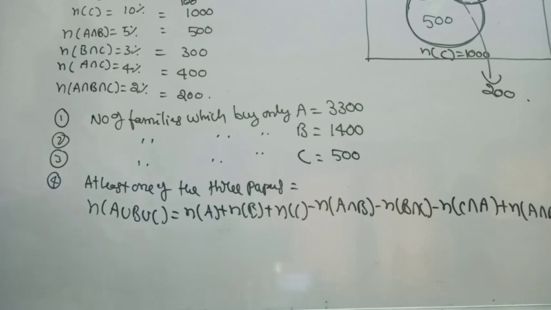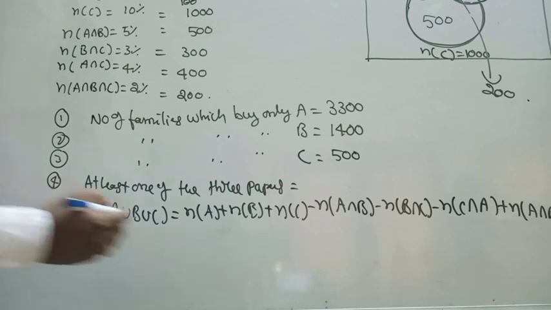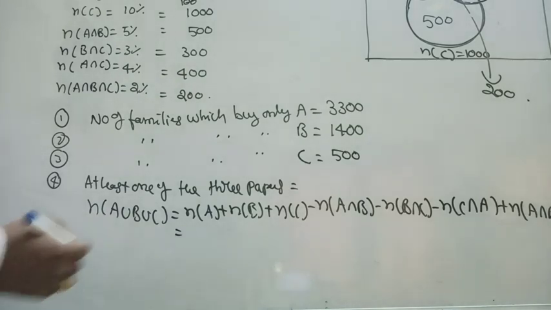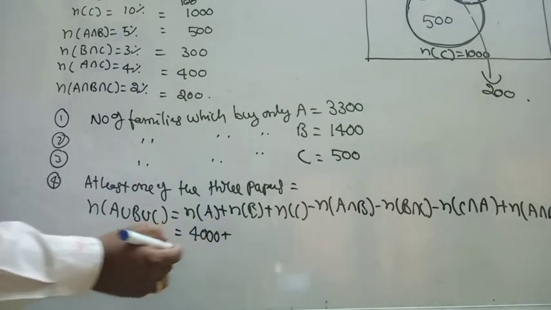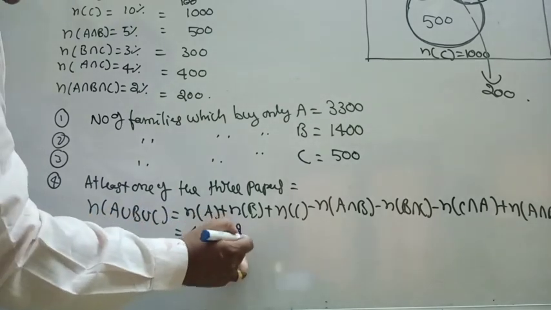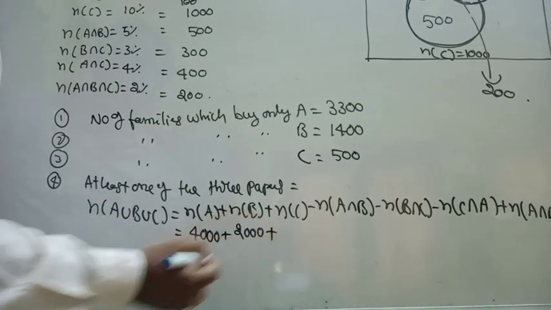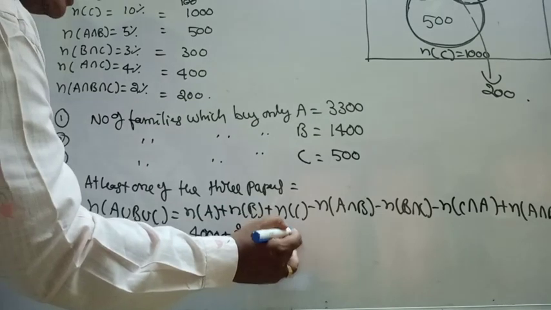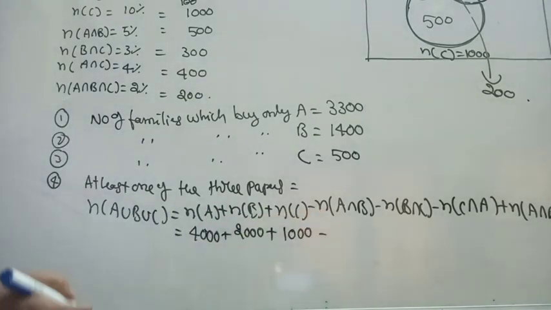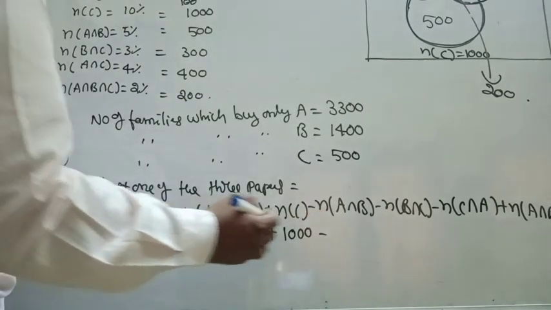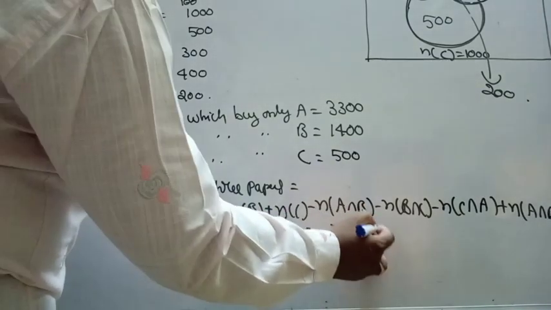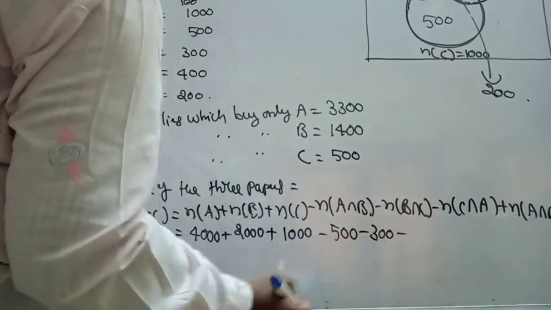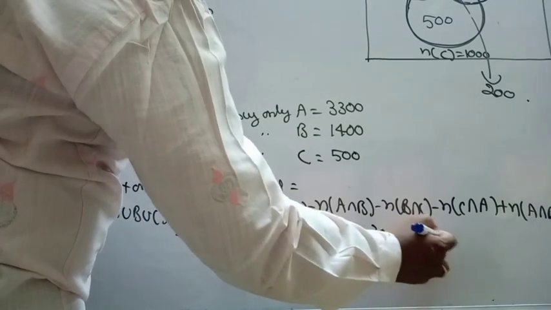Okay, my dear students, how are we going to get this? N of A is 4000, of course. N of B is 2000. N of C is 1000, minus N of A intersection B, which is 500, minus N of B intersection C, which is 300, minus 400, plus 200.